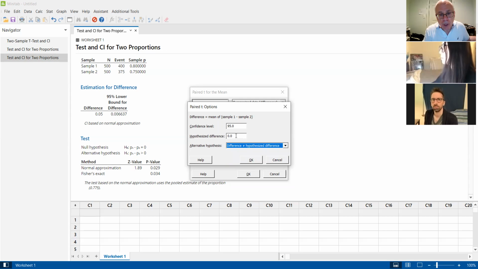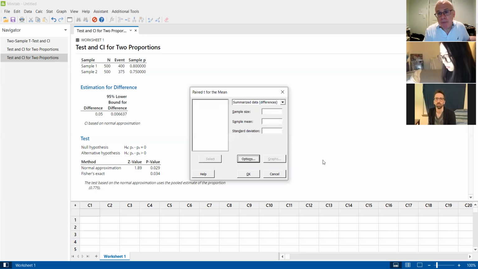All right, and this looks very much like a regular one sample t-test. You don't see this with proportions, just with means, because why would you do it with proportions? It doesn't make any sense. Usually with means. This is called a paired t, and typically you'll have the data entered for both groups.